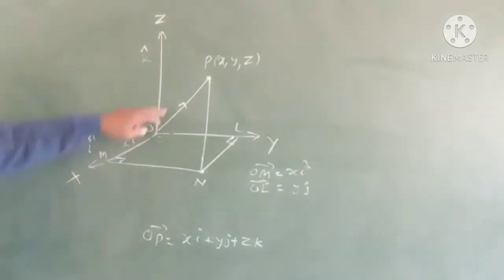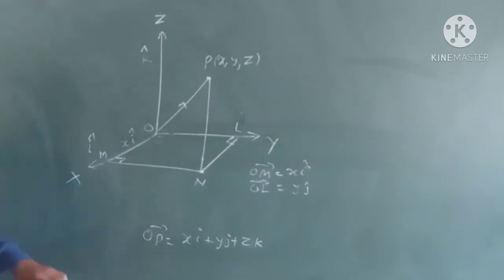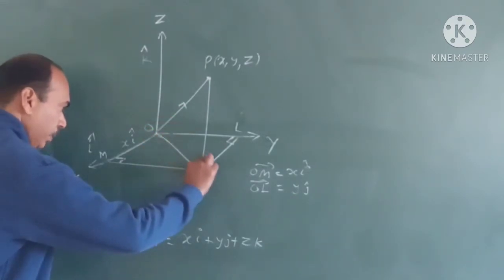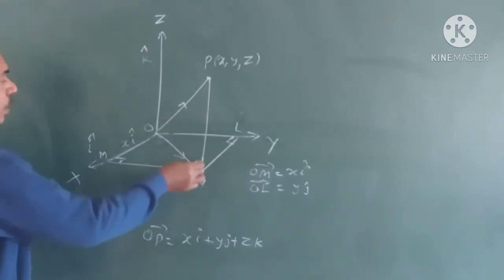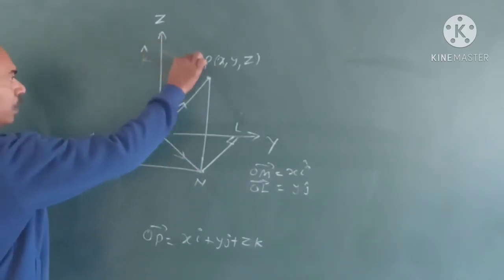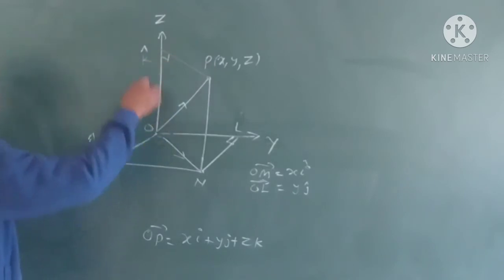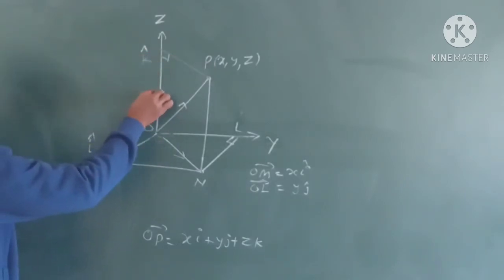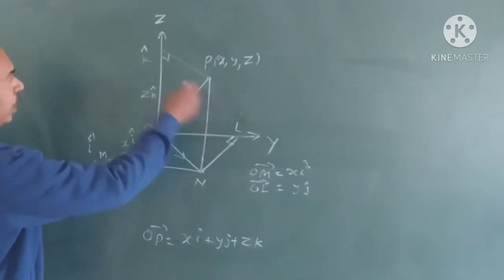And same as here, if we drop a perpendicular, this is ON. Parallel to this base, if we drop a perpendicular on the z-axis, then this side is z k cap.